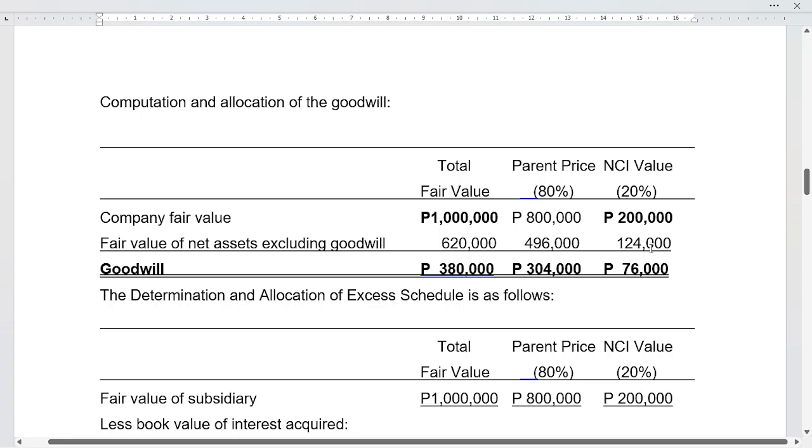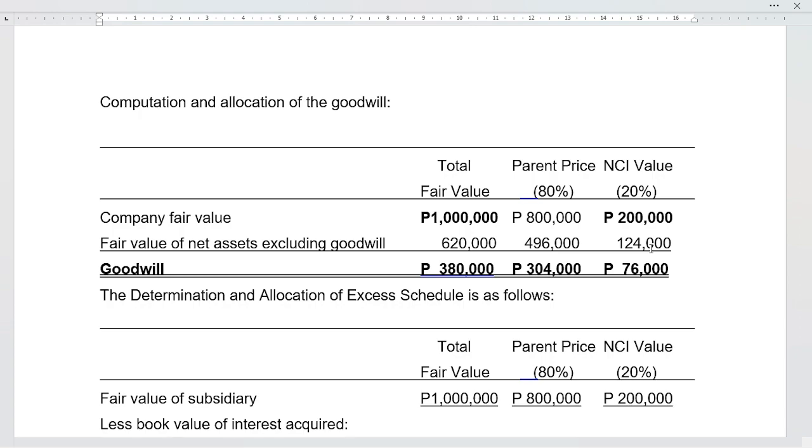To get the goodwill, we will subtract the fair value of net assets excluding goodwill from the company fair value. That will get us the total fair value of 380,000, a parent price of 304,000, and an NCI value of 76,000 pesos.